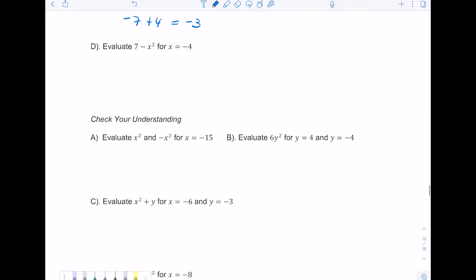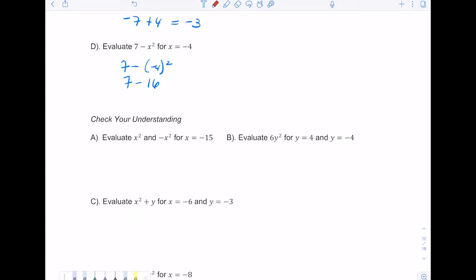And for letter D, I'm substituting negative 4 in for x. Again, be careful of your negatives. That's a minus sign, and then I have my negative 4 here in place of x. So I have to take care of negative 4 squared, which is just negative 4 times negative 4, which is 16.